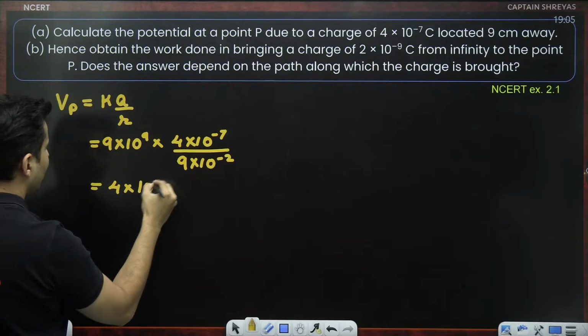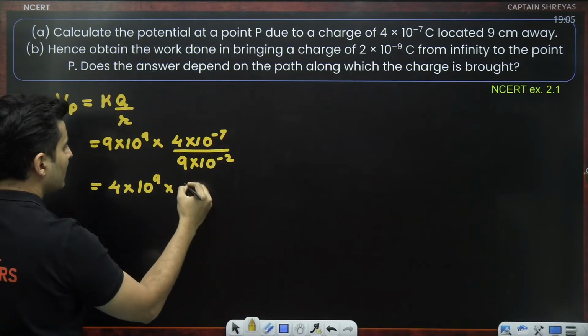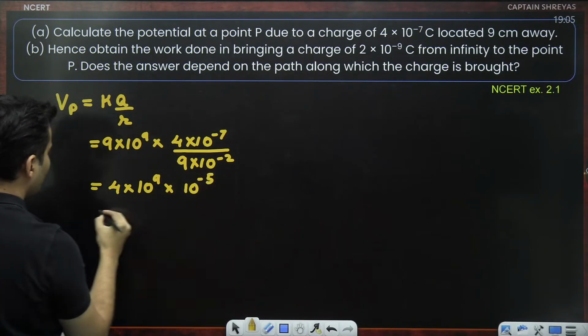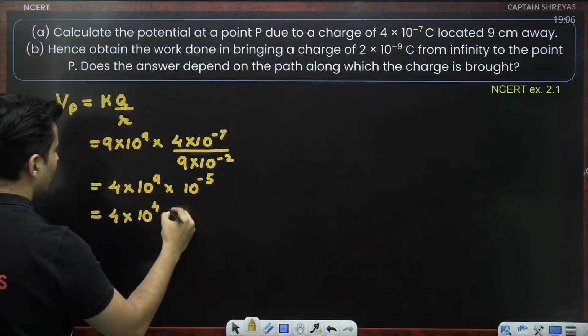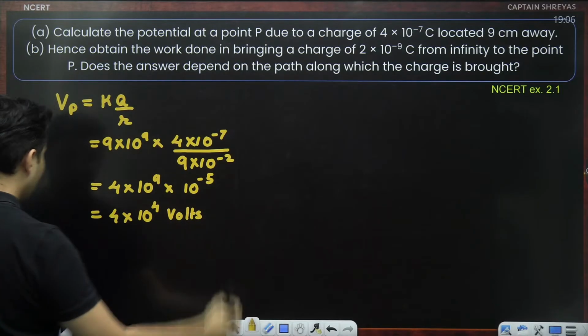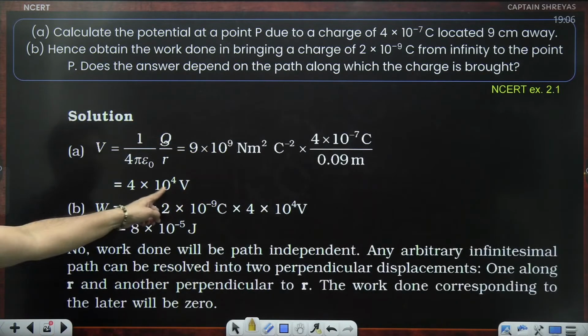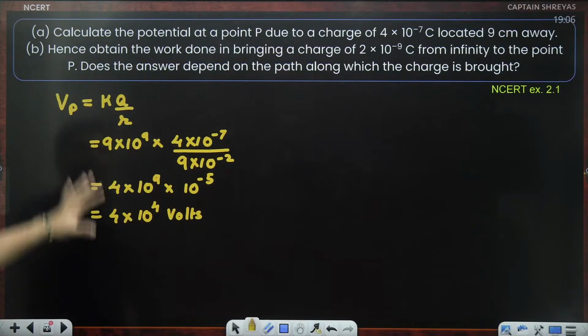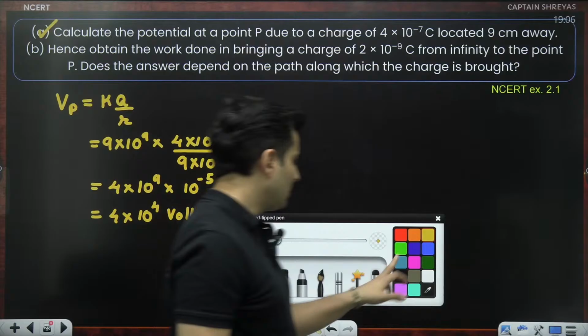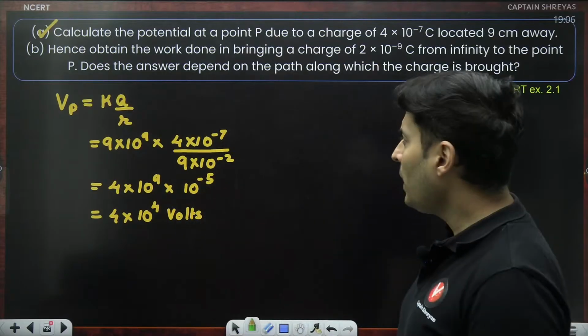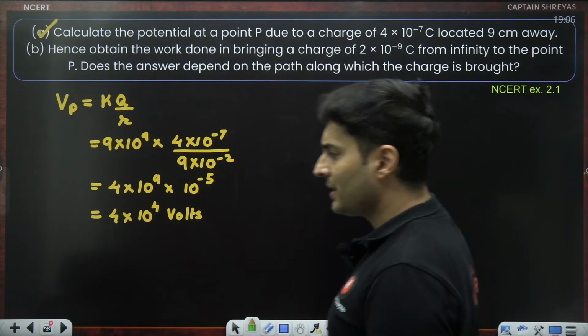The 10 to the power 9 is there. Minus 7 minus 2 becomes minus 5. Hence it will become 4 into 10 to the power 4 volts, which is the correct answer. So part A is done and dusted. Let's go to the second part.